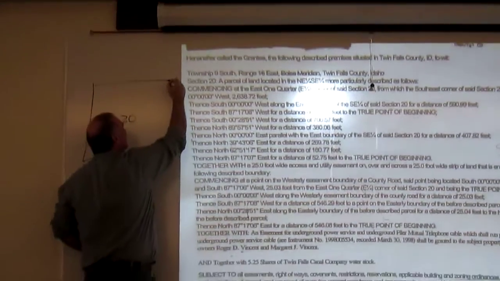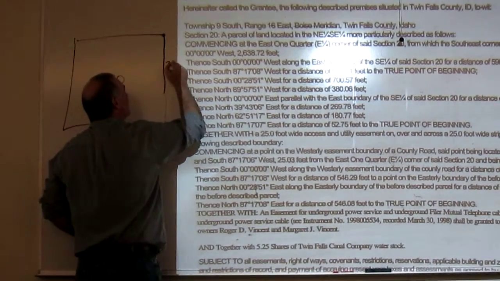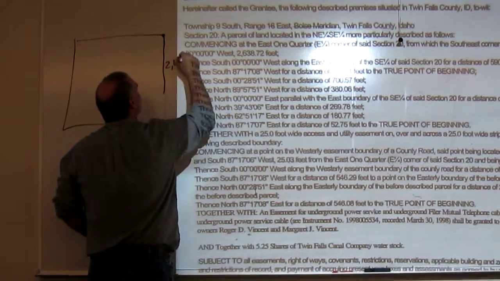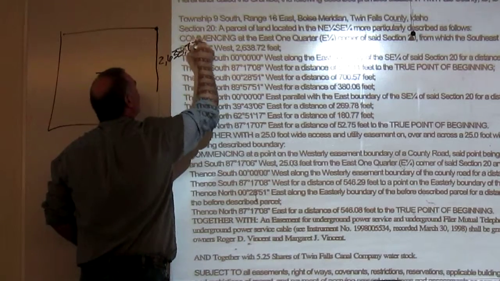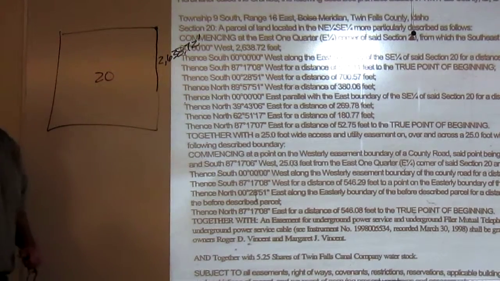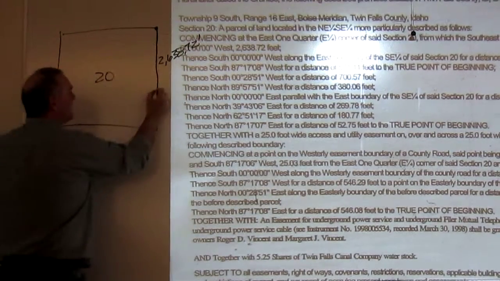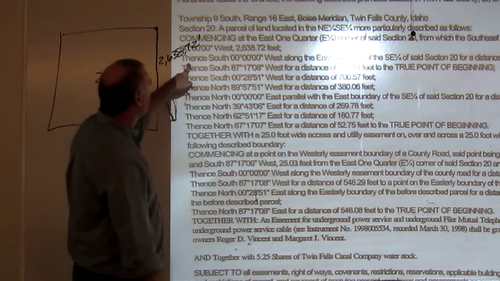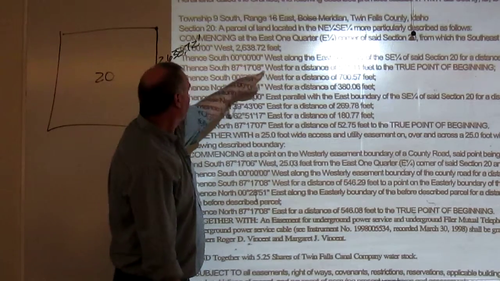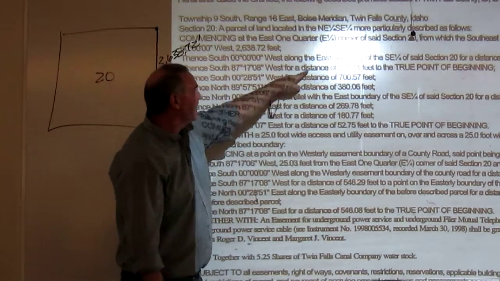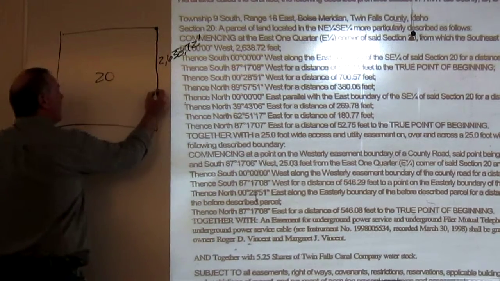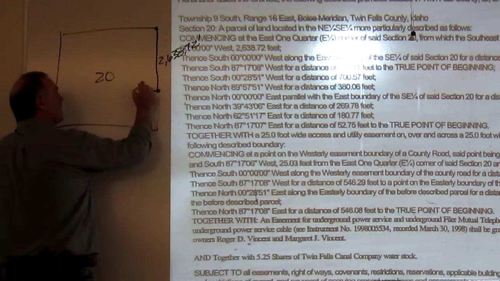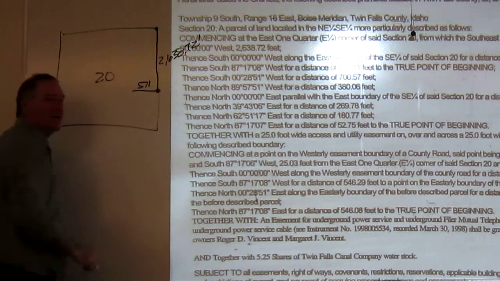Now they're then going to move 2,638.72 feet to a point on this section line. Then they're going to go basically due west, right, for a distance of 571 feet. Okay, where this is 571 feet.